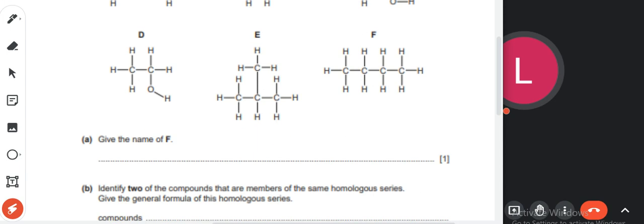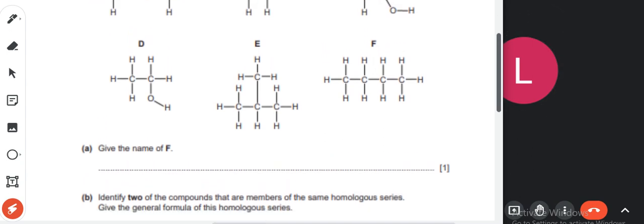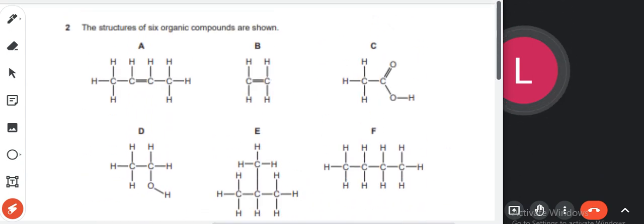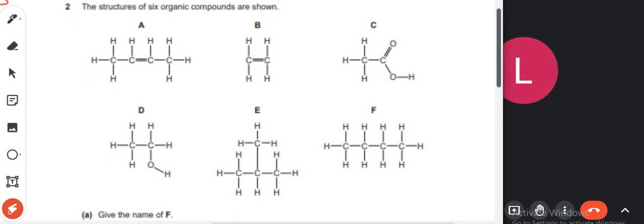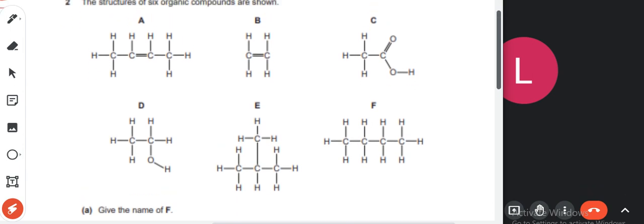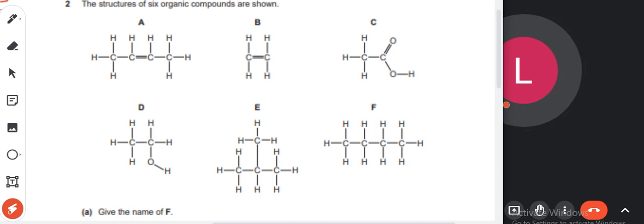Identify 2 of the compounds that are members of the same homologous series. If they are of the same homologous series, they will have the same general formula. Look at this.